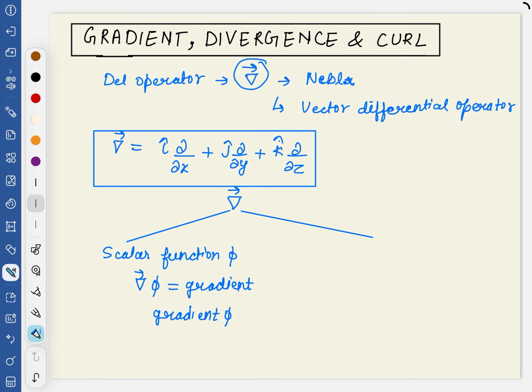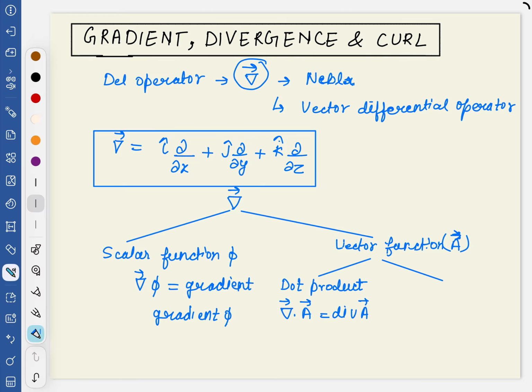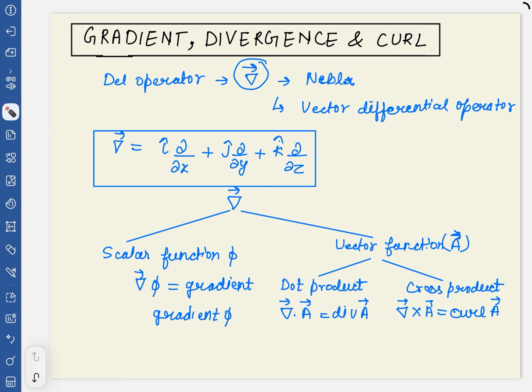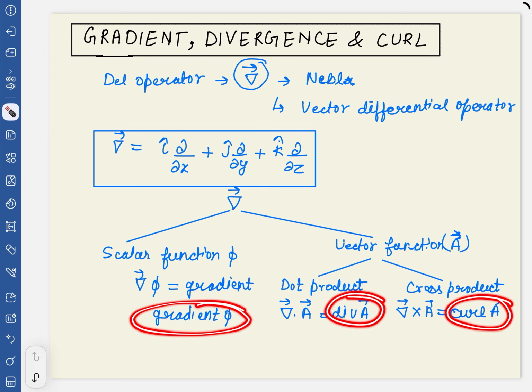And if we operate del on any vector function A via dot product, we will get del dot A, and this is known as divergence of A. And if we operate del operator on any vector function via cross product, we will get curl of vector A.